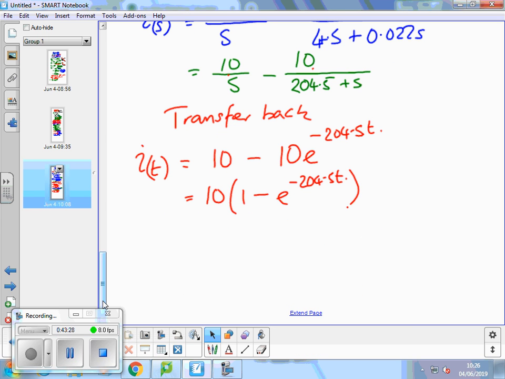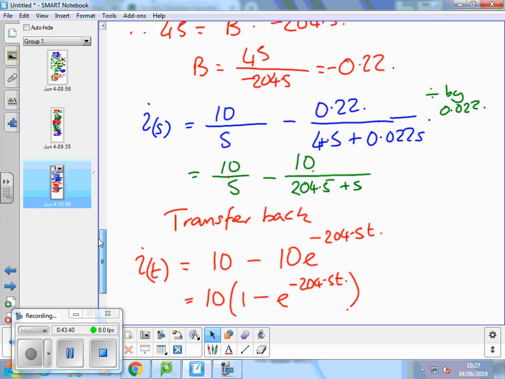That is what we expected, an exponential rise to a limit, the limit being 10 amps.